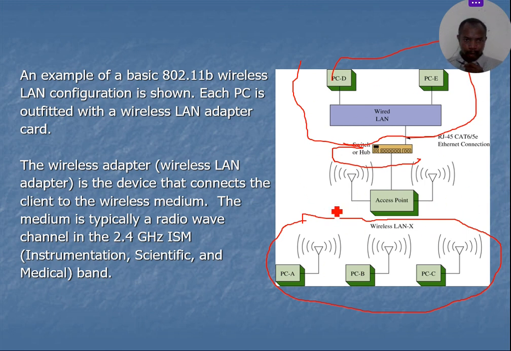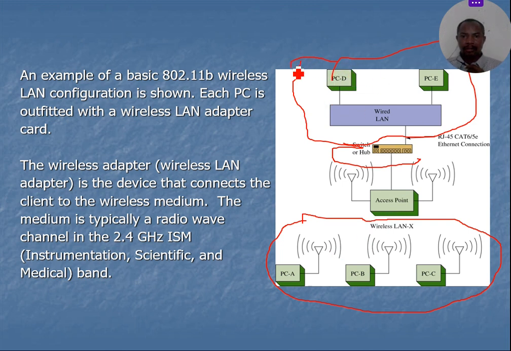What you see is an example of a basic 802.11b wireless LAN configuration. Each PC is outfitted with a wireless LAN adapter, that enables a connection to be established using the link to the access point, and from there to the wired network.